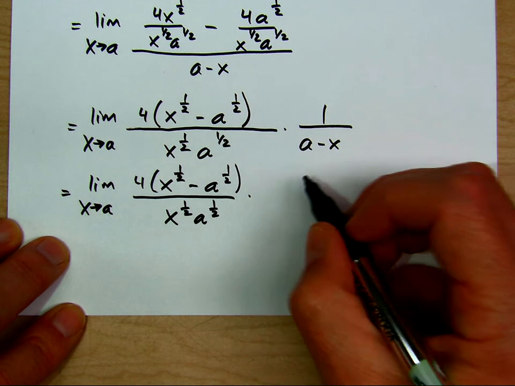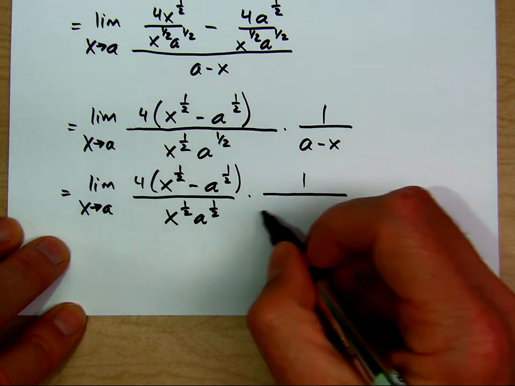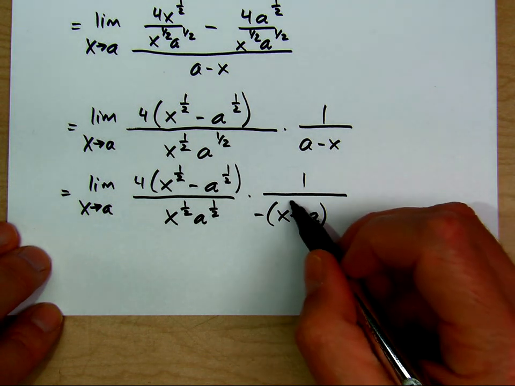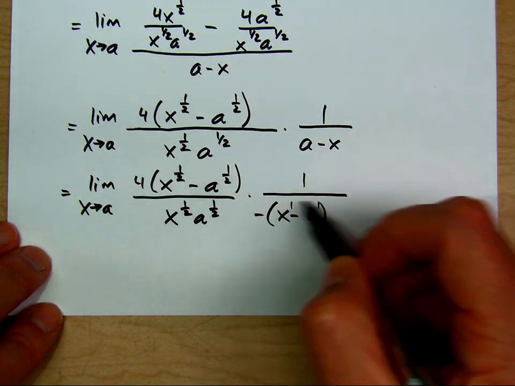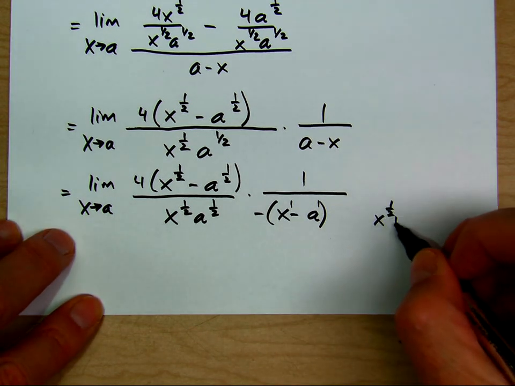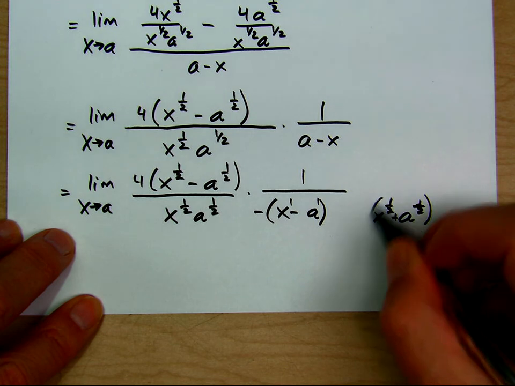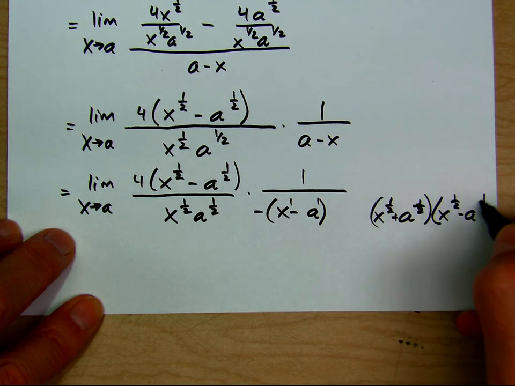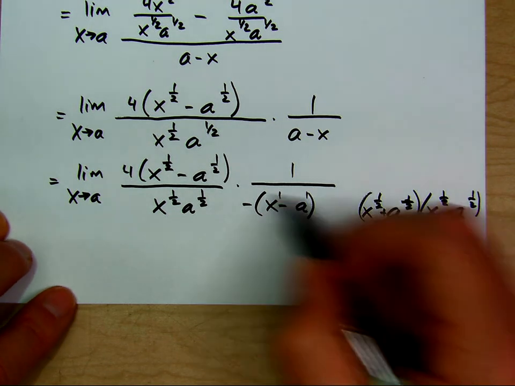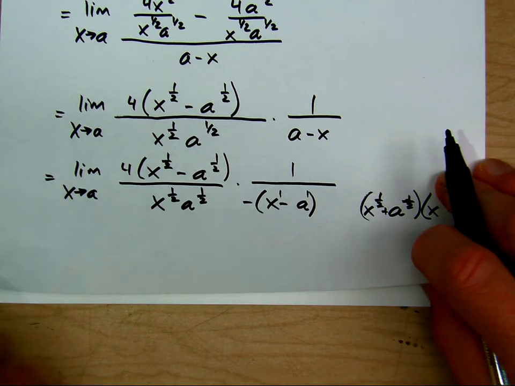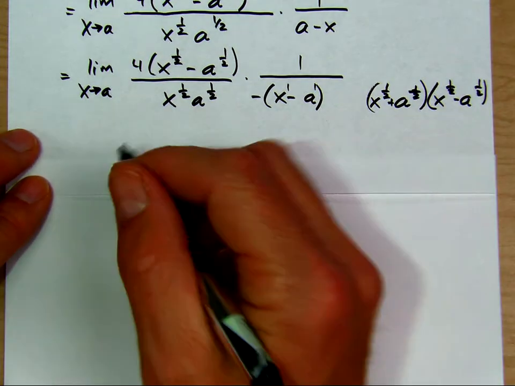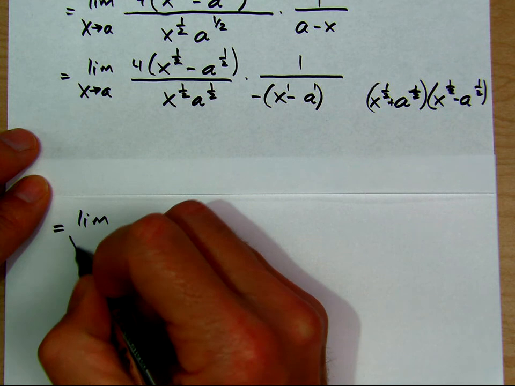And we have to do something a little creative. This is to the first power, and this is half of that power, so we can factor this into x to the 1/2 plus a to the 1/2, and then x to the 1/2 minus a to the 1/2. So this will become that, and that'll allow us to cancel. So I'm just going to copy all of this.